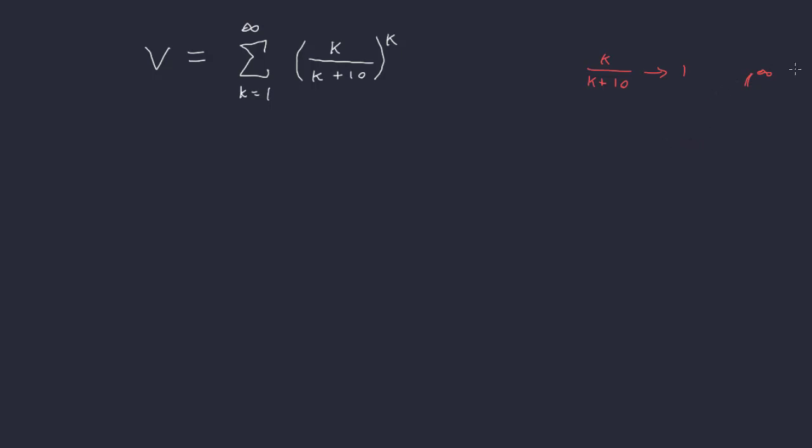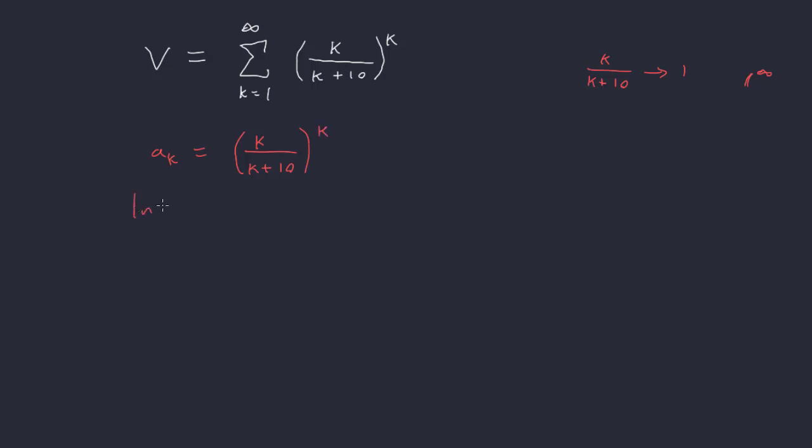This is considered an indeterminate form, but we need to check. We need to see if this actually goes to 0. So this is an indeterminate form. So let's just see. Let a_k be the terms of our series.